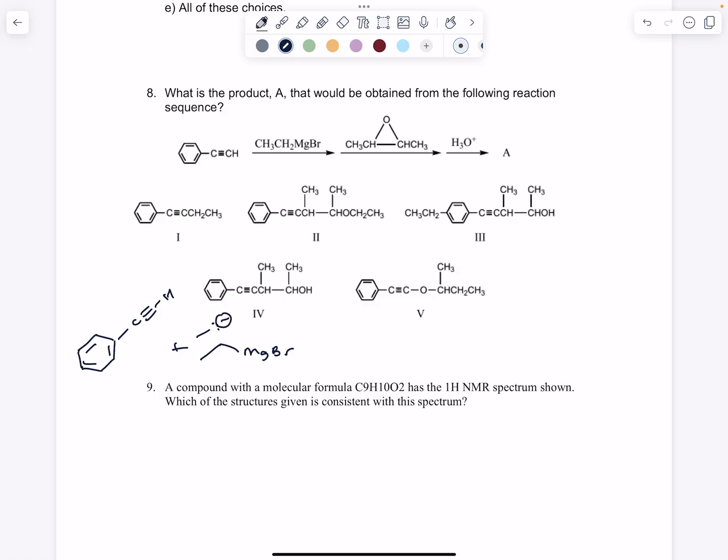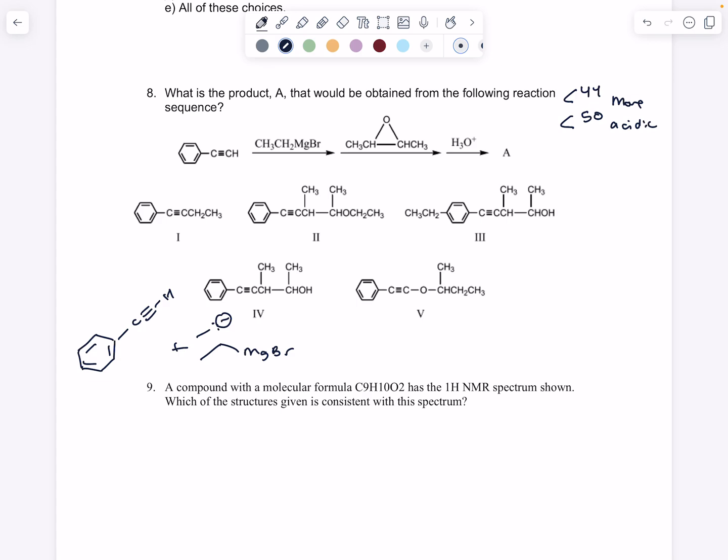I wanted to use this question to talk about how Grignard reagents can't be used with anything more acidic than an alkene or an alkane. Alkenes have a pKa of 44 and alkanes have one of 50. So anything that is more acidic than these, with a lower pKa, the Grignard is immediately going to react.